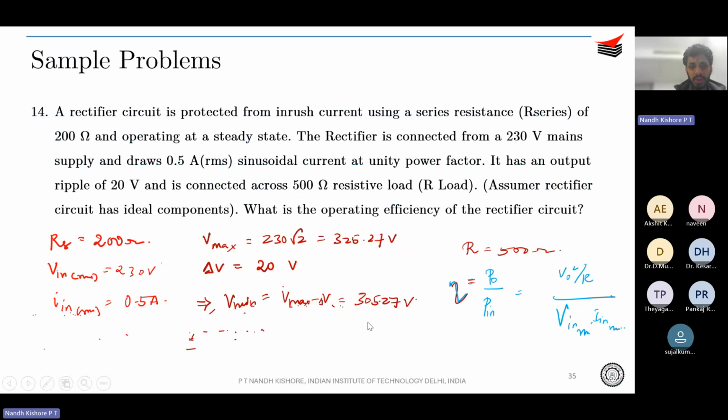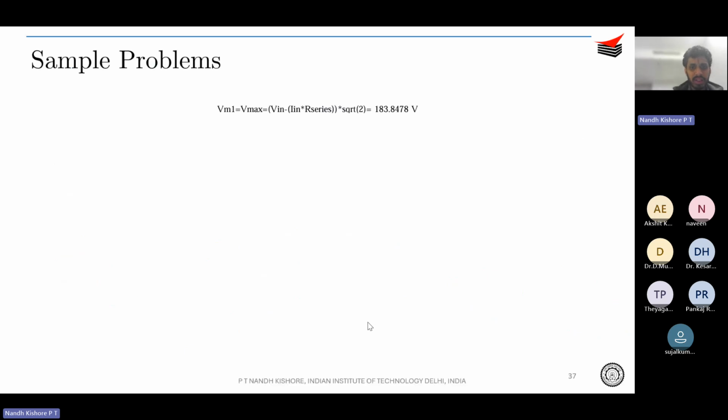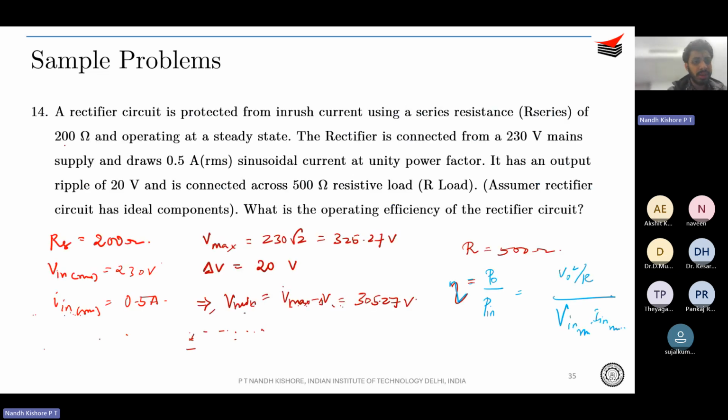What we have not considered is the drop across the series resistor. We need to consider the drop across the series resistor, correct? Our series resistance has been given as 200 ohms. Considering that, we need to calculate.